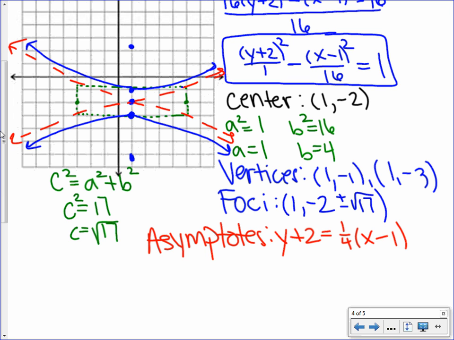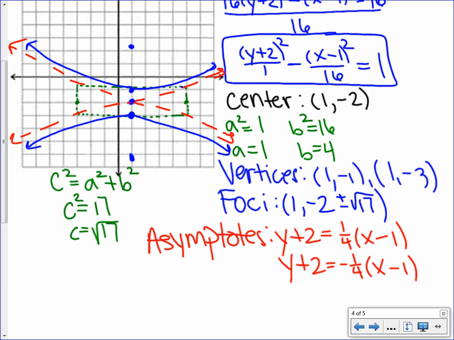Negative 1/4. So y minus y equals slope times x minus x. Now, in the back of the book, they might subtract that 2 over. I am fine with you leaving it like this.